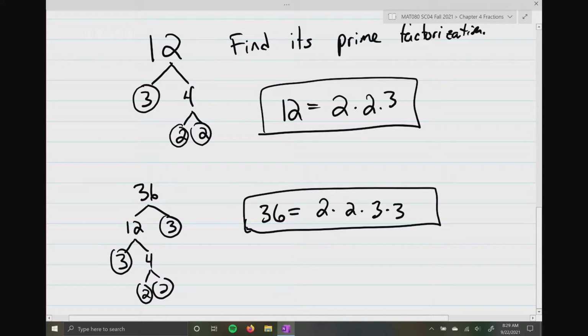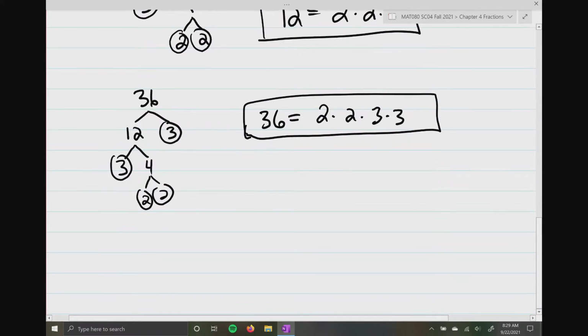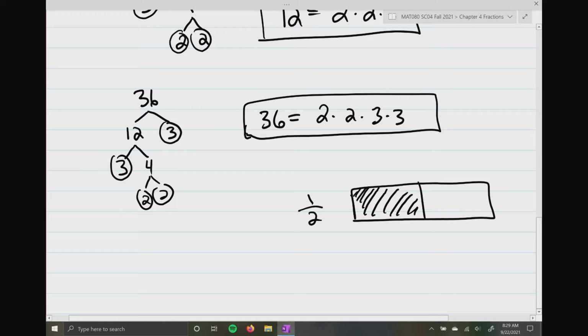Are we all on the same page still? Did I lose anybody along the way? Yes or no? All right. Now, at the very beginning of chapter 4, we talked about fractions, and how we represent fractions. We can represent a fraction like 1/2 as just a big rectangle where you have one of the two squares shaded, right?